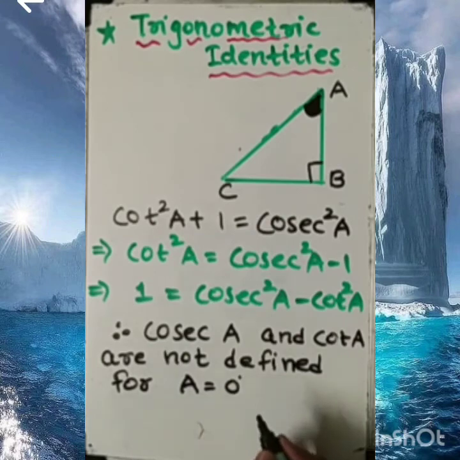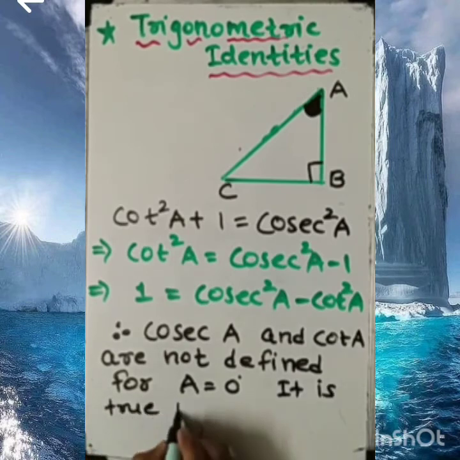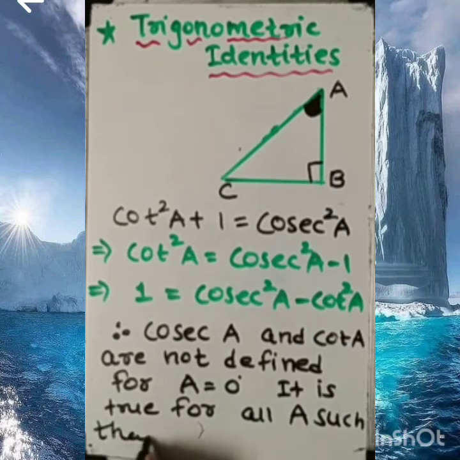That's why we can say this statement is true for all angle A such that, what is the condition? Such that 0 degree less than A less than or equal to 90 degree.